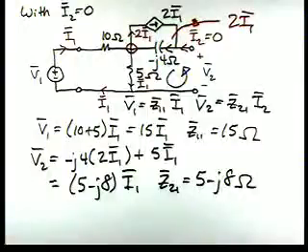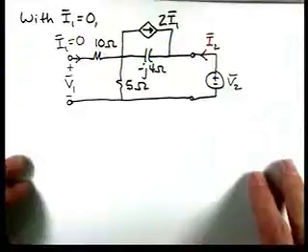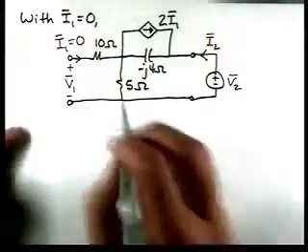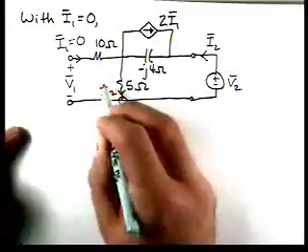Now let's go in and set I1 equal to 0. Okay, here's our circuit. Now we have I1 equal to 0. And if we look at KCL here, that tells us that's I2.